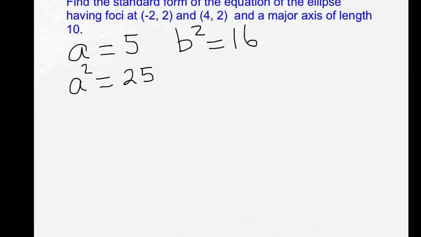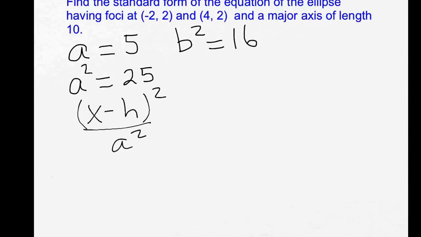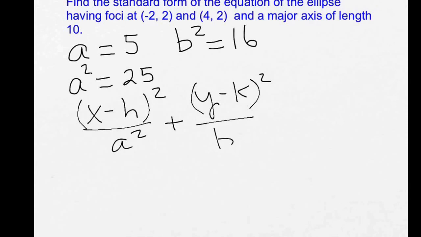From all the information we gathered, a is equal to 5, then that means a squared equals 25, and we've just found that b squared equals 16. We're now ready to plug into our formula, (x minus h) squared over a squared plus (y minus k) squared over b squared equals 1.